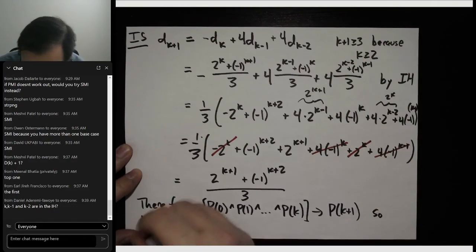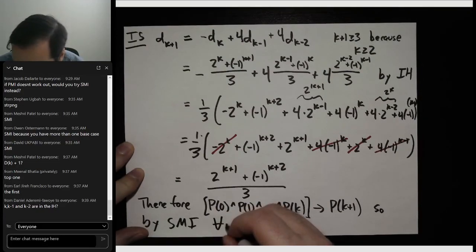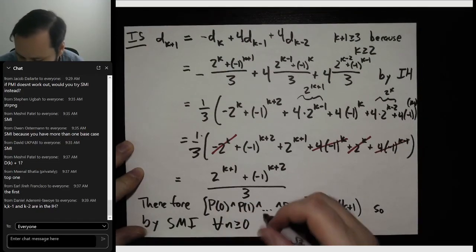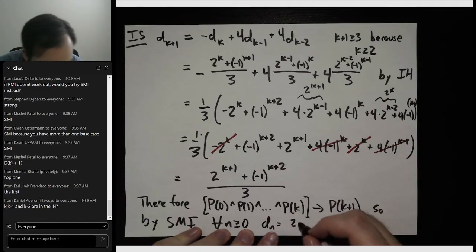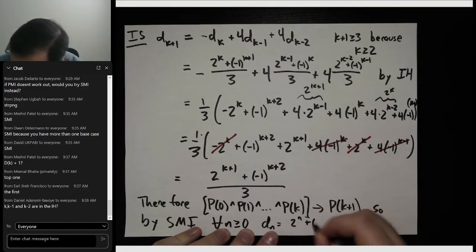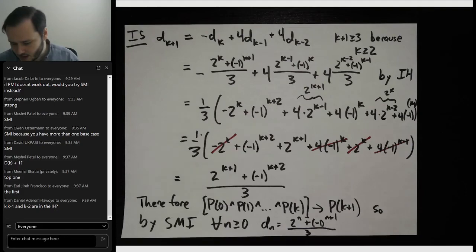So by strong mathematical induction, for all n greater than or equal to 0, d sub n is equal to 2 to the n plus negative 1 to the n plus 1, all divided by 3. I have proven my statement holds for all n.